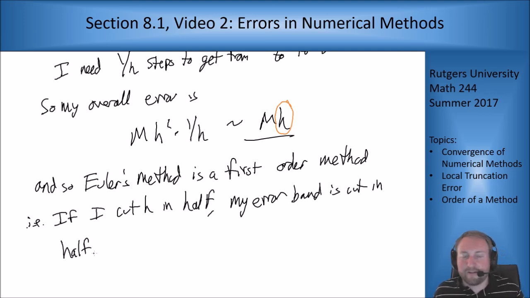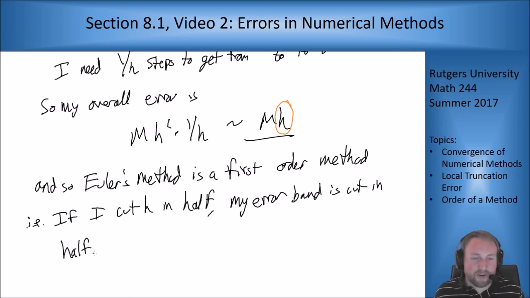Because if I cut h in half, I have to take twice as many steps, which means the computer is doing twice as many calculations. So just cutting the error in half for twice as many calculations isn't really that great. Cutting the error by 16-fold for twice as many calculations is a lot better. And that's what we're going to talk about in the last video, fourth order methods, because fourth order methods means if I cut the step size in half, my error goes down by a factor of 16, which actually in that case is probably worth it.